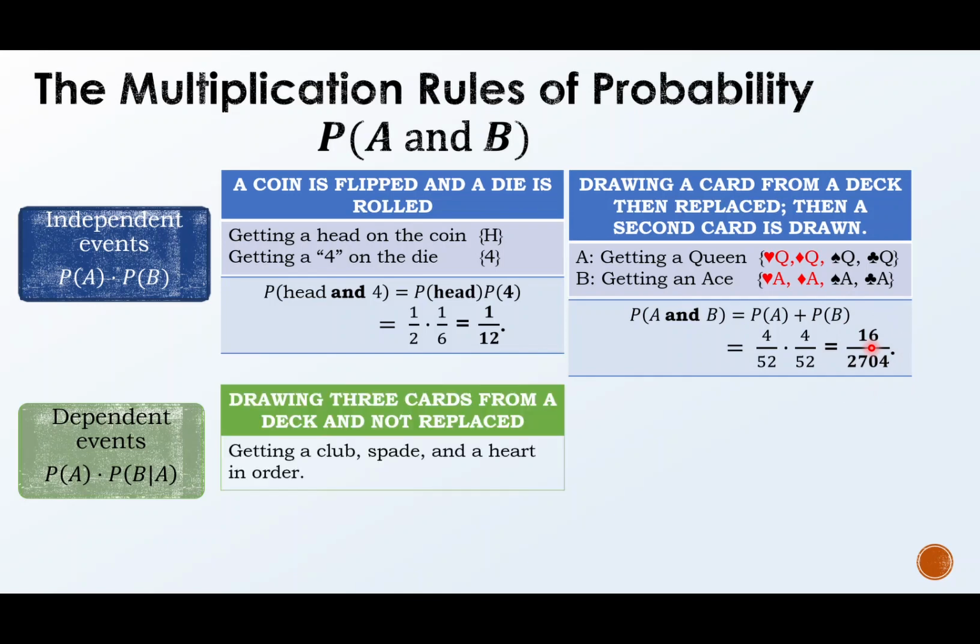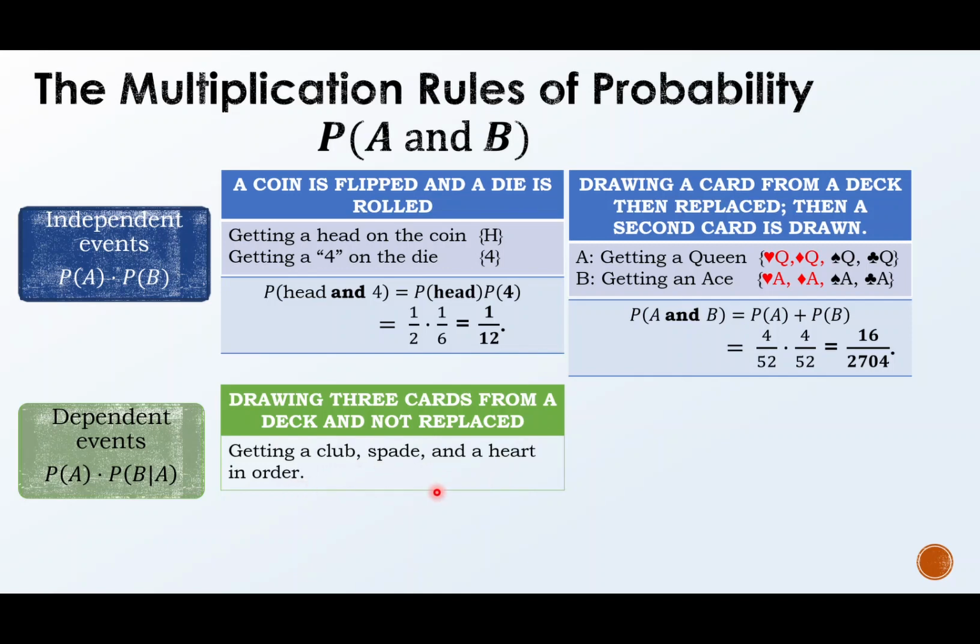Next example ay ito. You get 3 cards from a deck. Okay? So, and every time we get a card, hindi natin ibabalik. So, the first card that you get, di mo ibabalik. The second card, di mo din ibabalik. And you get your third card. So, what's the probability that you will get a club, a spade, and a heart in order?